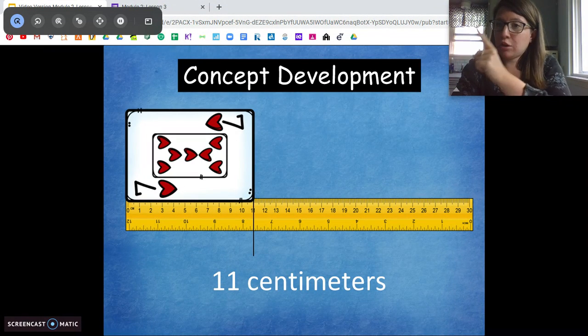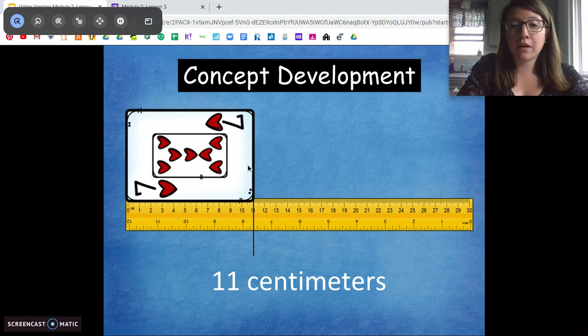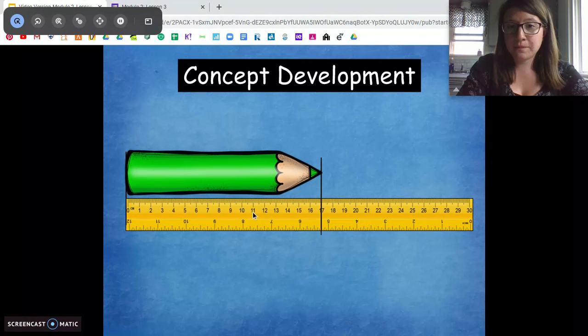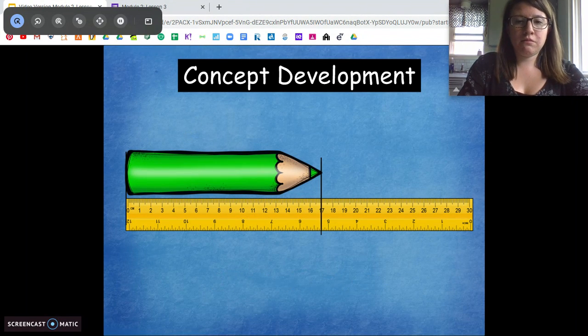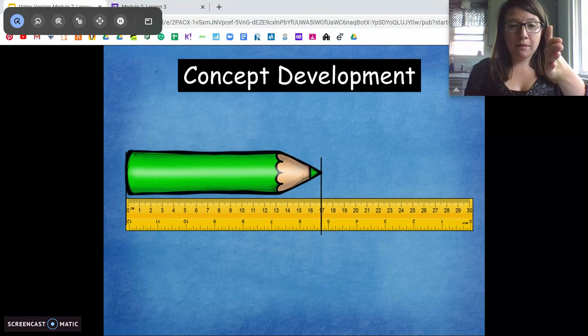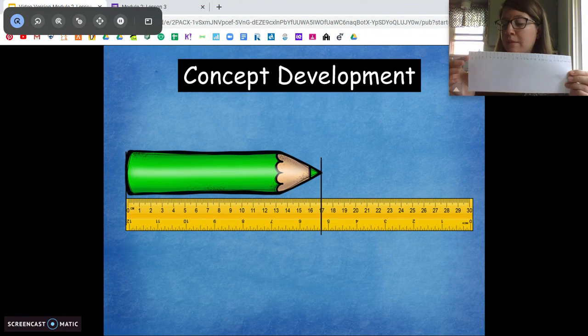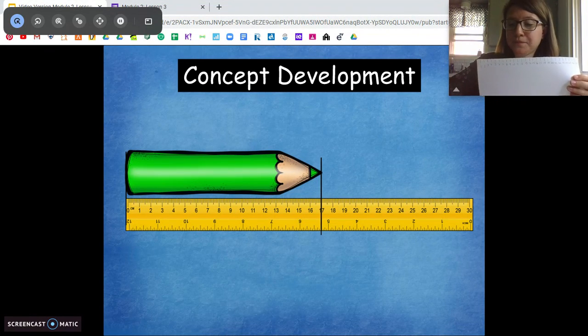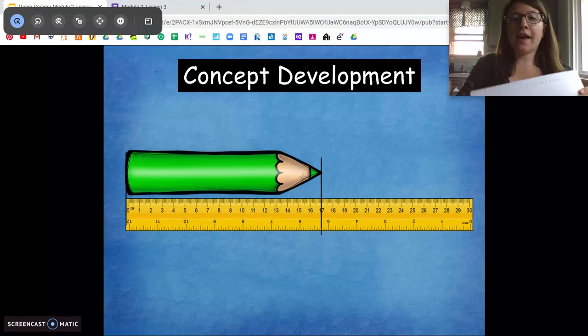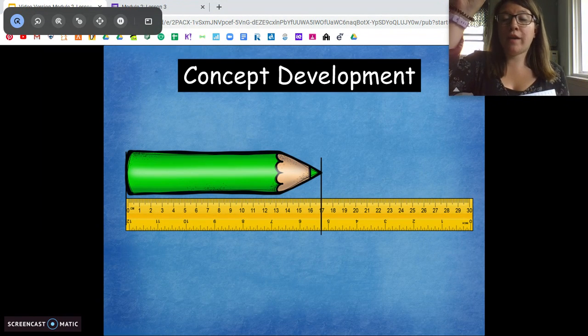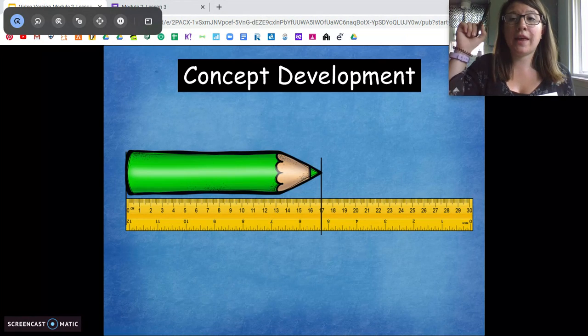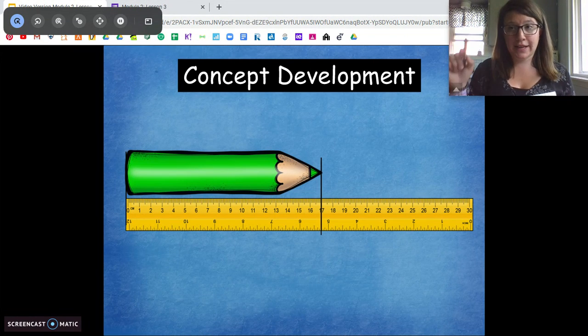So instead of counting your cubes, you just have to look at the number and line it up as to where it measures. Same thing on this one. You see one endpoint, you line up your centimeter ruler at the endpoint. Okay? And then you go all the way across, you find the other endpoint and you look down, and that's how many centimeters it is.